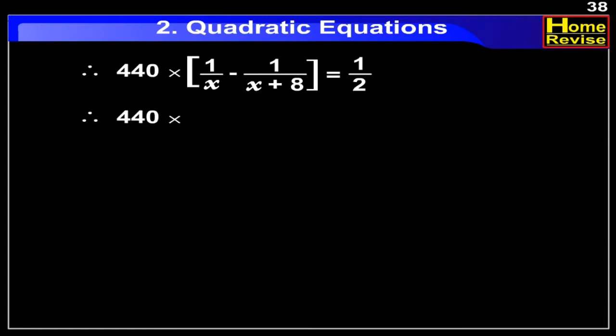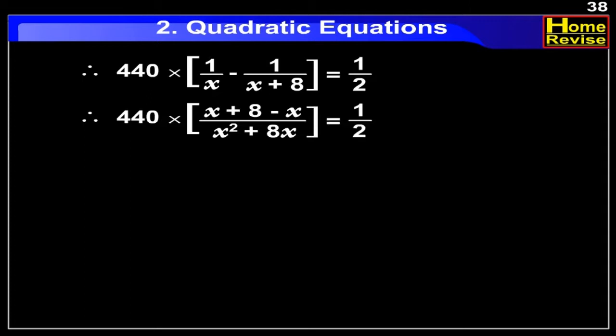Therefore, 440 into, in square bracket, x plus 8 minus x upon x square plus 8x is equal to 1 upon 2. In the square bracket, plus x and minus x gets cancelled out, and we have 440 into 8 upon x square plus 8x is equal to 1 upon 2.